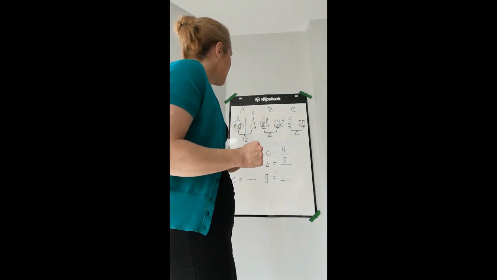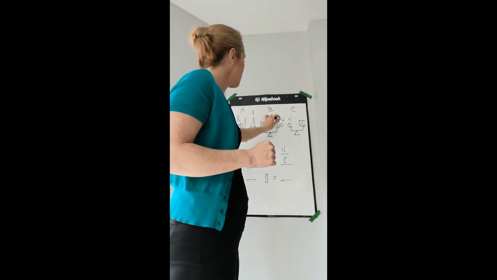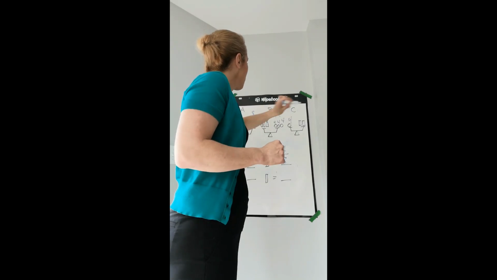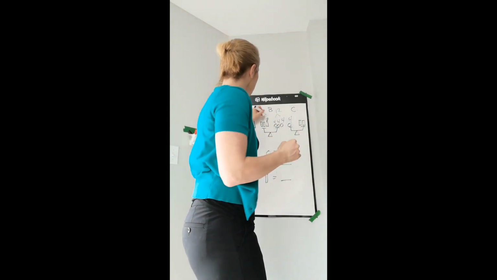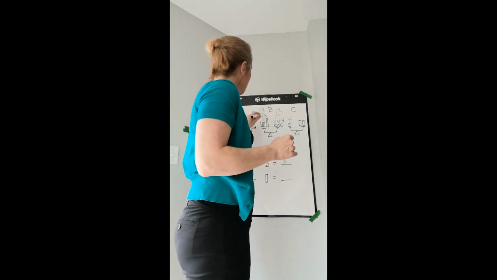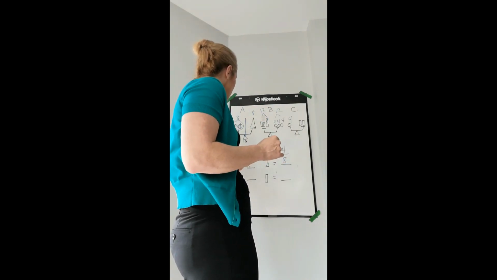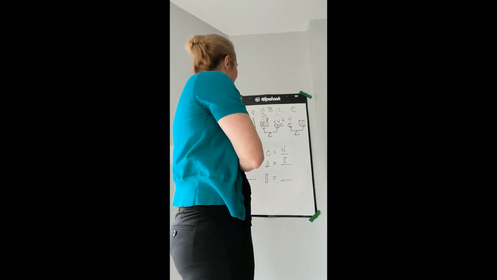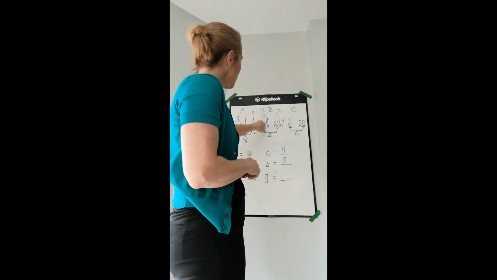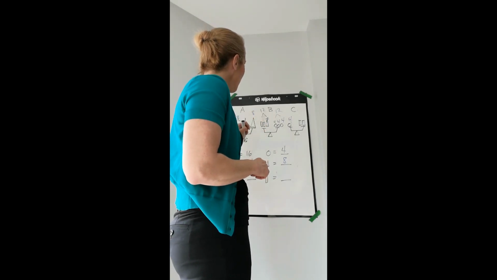Moving on, I'm done with this one now. Well, I know that 4 plus 4 plus 4 adds up to 12. If this side is 12, in order to keep things balanced, we have to make sure that this side will add up to 12, which means 12 plus 12 gives us balance B is 24. Not only that, I know that 2 of these plus 1 of these is going to equal 12.